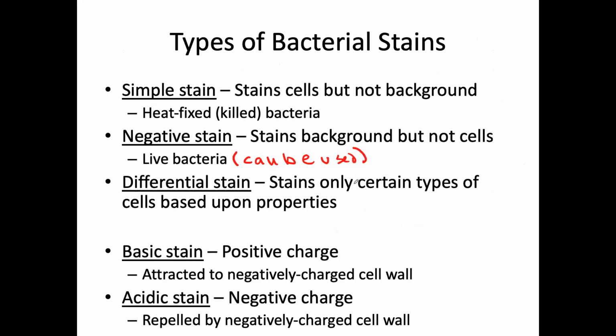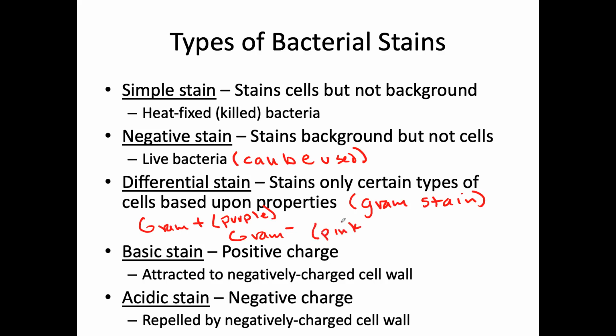Differential stain stains certain types of cells based on properties, such as the Gram stain, right? Gram positive, purple, Gram negative, pink. One example of a differential stain.